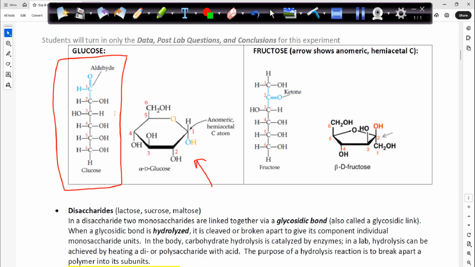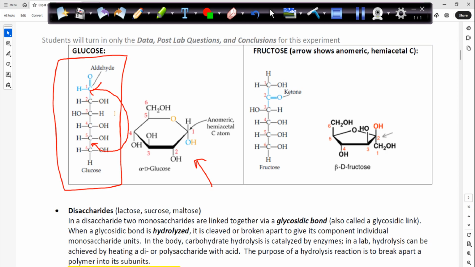So this is a glucose. What you will see here is that the 1 and 5 are coming together and they close each other in a ring, correct? So if you look at this, that's the glucose.